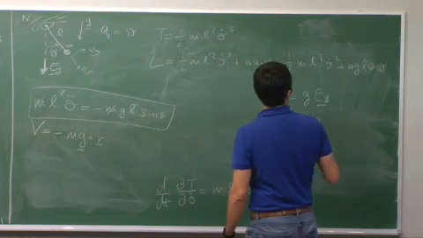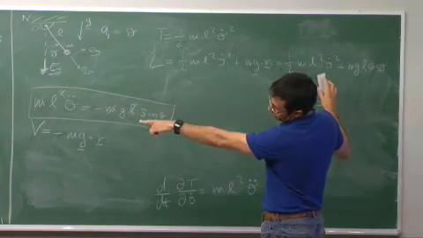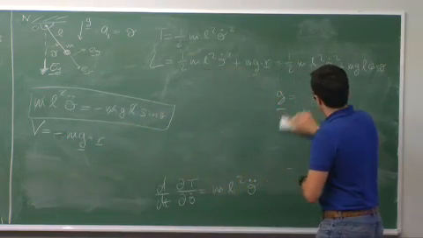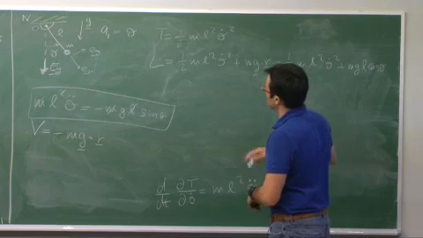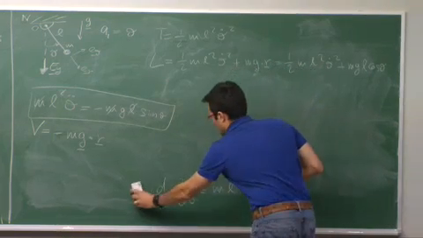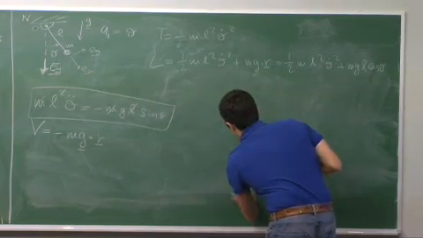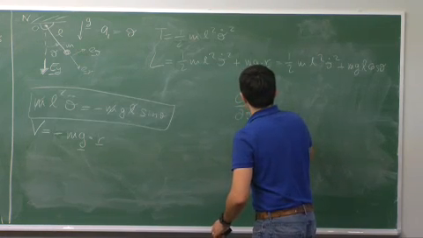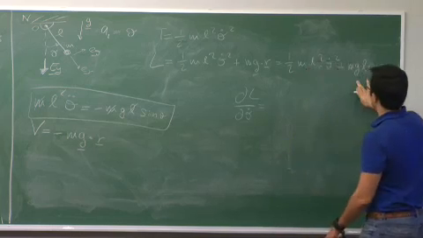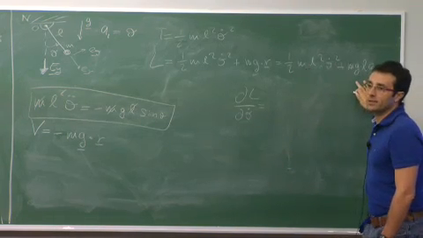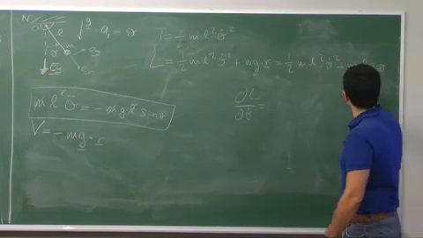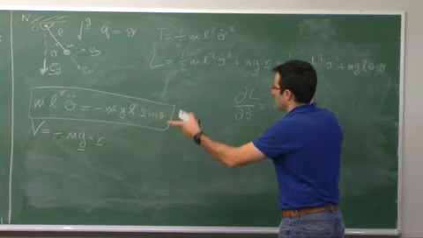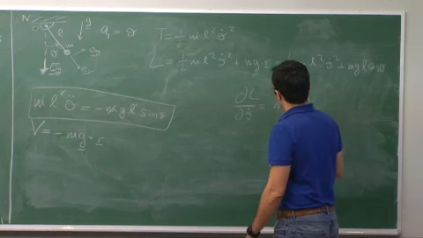Okay. Now I'm looking at this formulation down there. If I start taking the partials, well, the first one, the partial of L with respect to theta dot, is the same. We said that this potential was not going to depend on the dots of the Q's, and that's in fact what I have. So it's the same as before. It's m L squared theta dot.